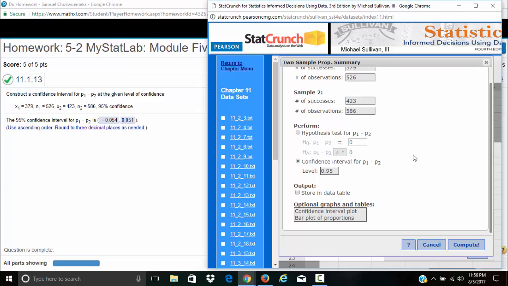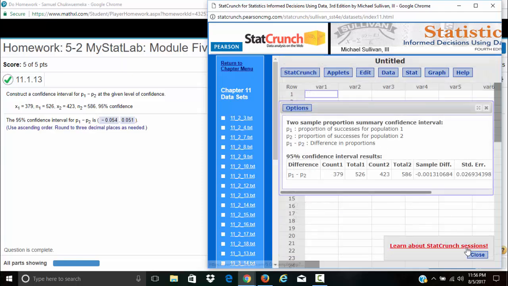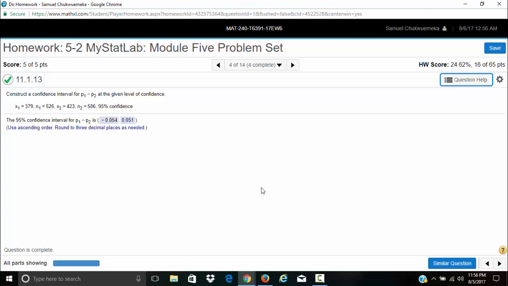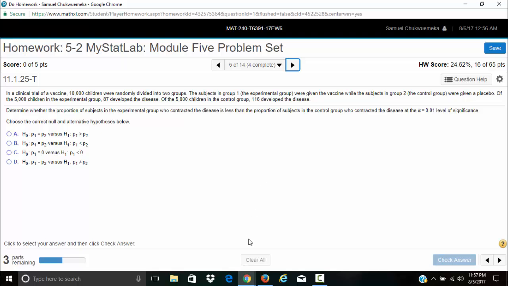So you're good. Then you click compute, and it gives you the lower limit and the upper limit. Same thing. Okay, that is how you do it with StatCrunch. Do you understand it? Okay, next one, question 5.